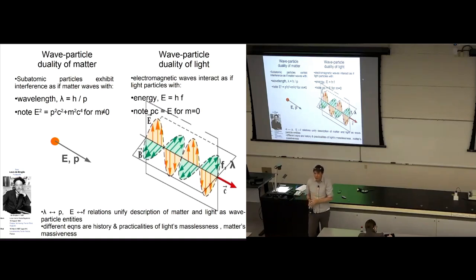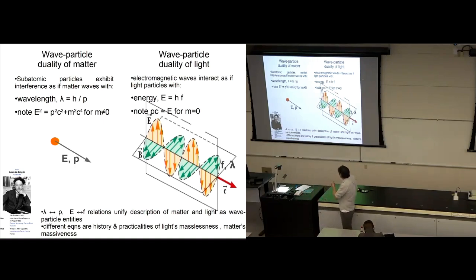So de Broglie tried to synthesize our understanding of light and matter by saying that, well, if light exhibits particle-like and wave-like properties, maybe matter exhibits particle-like and wave-like properties too. And he developed this very simple equation, lambda equals h over p, to bridge the gap between the wave-like and the particle-like properties of matter.